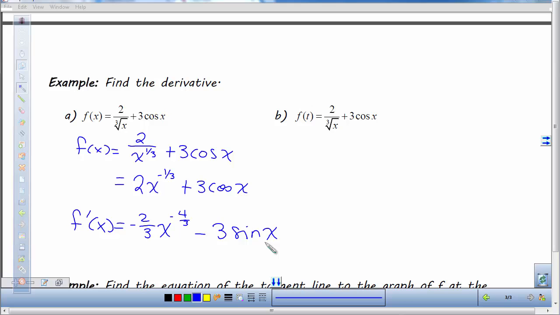Which negative? It just depends on what they're asking for. If I didn't want to leave it here, I might write it as negative 2 over 3x to the 4/3, minus 3 sine x.